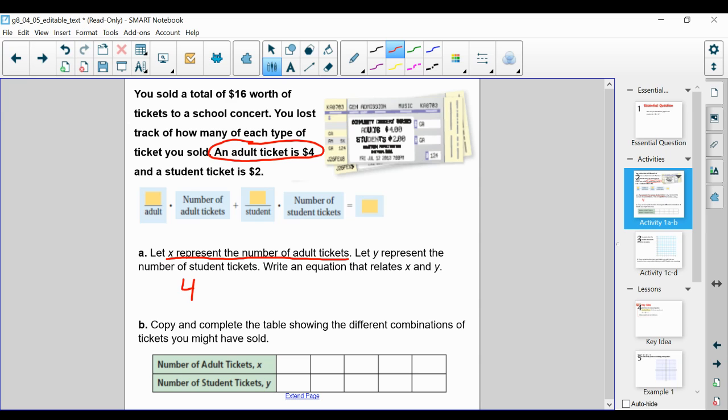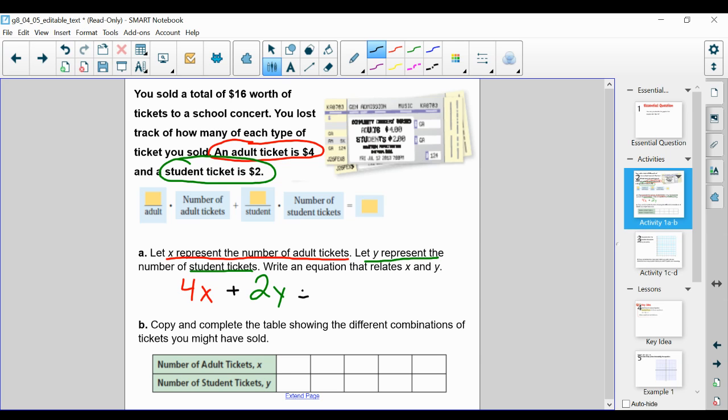And we don't know how many we sold, but we know they were each $4. So we have 4X. Now we're going to add that with the student price, which was $2, times the number of student tickets. Well, we're given that Y is going to represent the student tickets. So it's going to be 2Y, $2 for every student ticket.